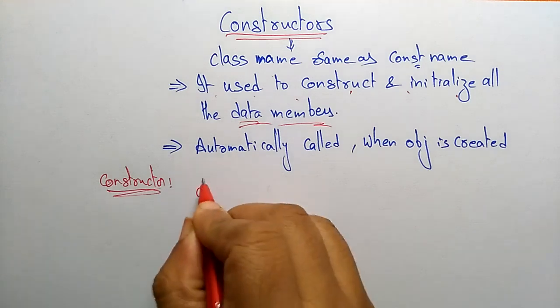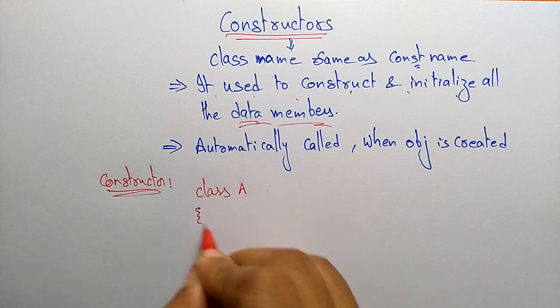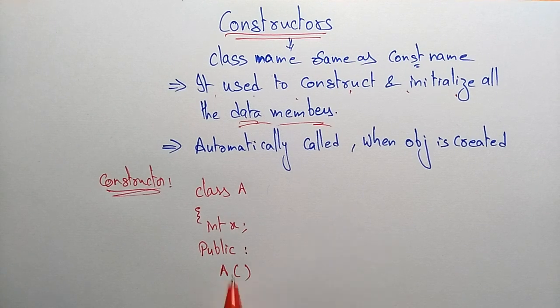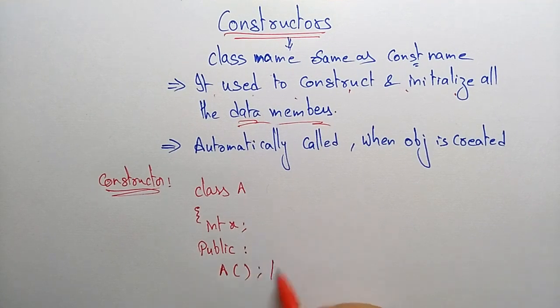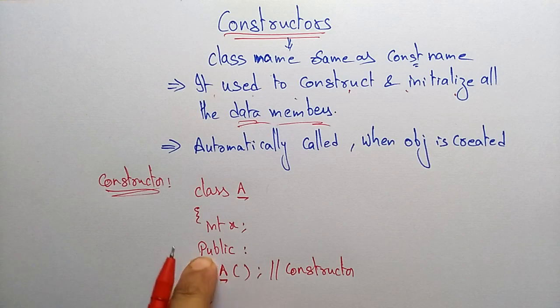Suppose class A. Here A is the class name, and int x is the data member, public. Then public A, this is the constructor. Did you observe that here the class name is the same as the constructor name? Whatever functions we use will be declared as public, so public A, with no parameters.